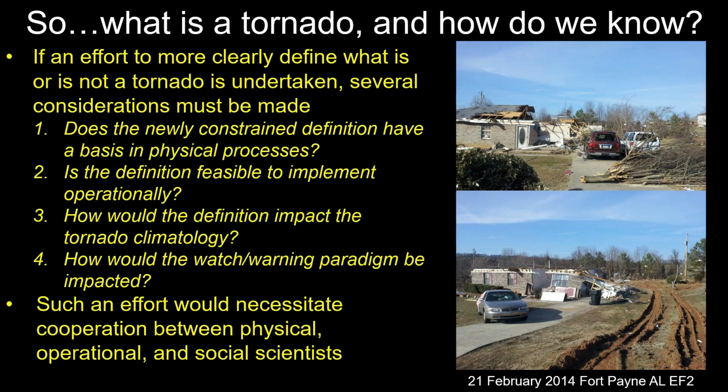Which is why I do not come here with direct answers to either of these questions, but I leave this as hopefully an opening to discussion in the community to start addressing some of these areas that lack clarity in what is a tornado and how we know QLCS events.